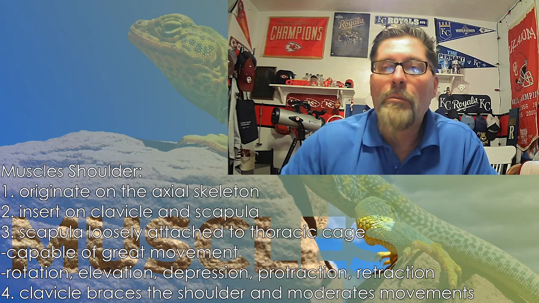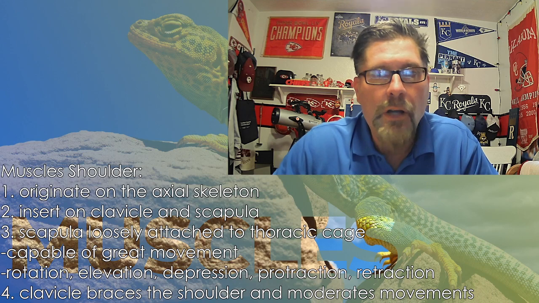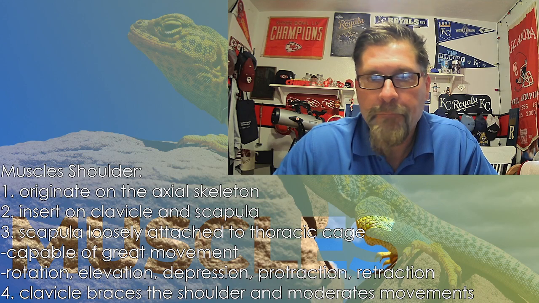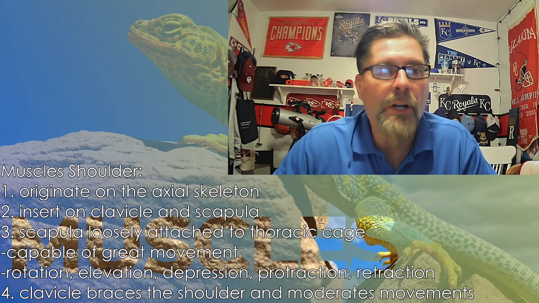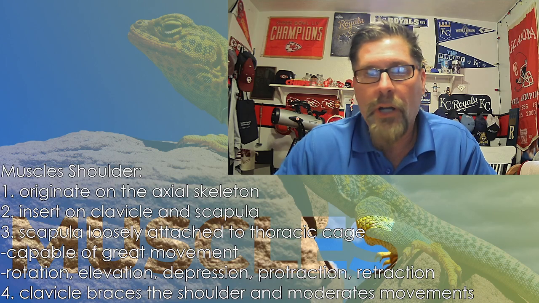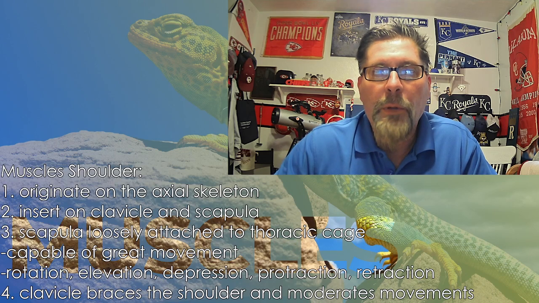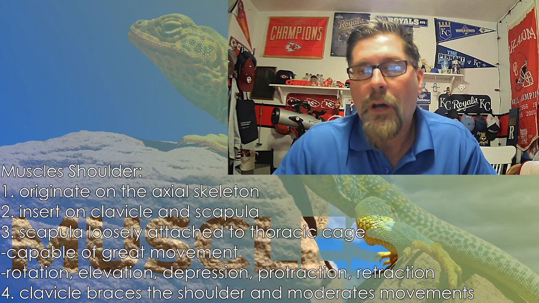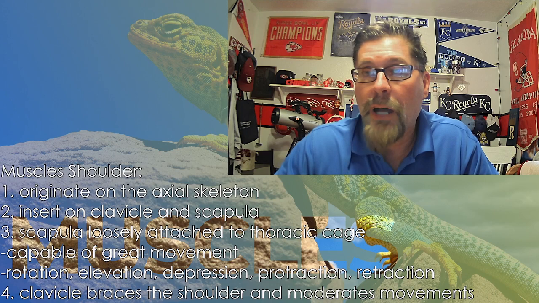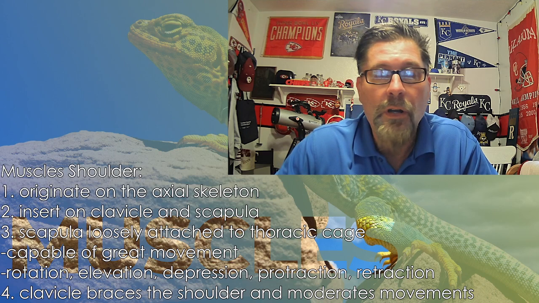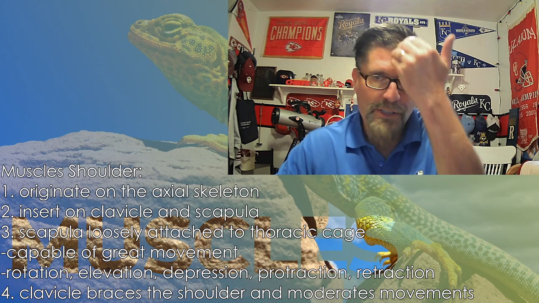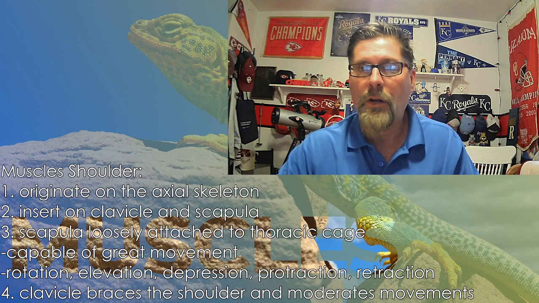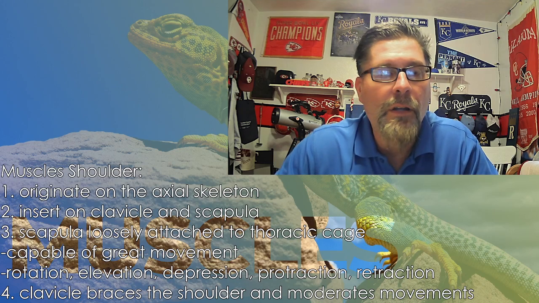All right, so now more about just talking about muscles. We start with the shoulder. We've talked about origin, but the muscles of the shoulder obviously originate in the axial skeleton. But remember the axial skeleton from the bone talk. That's that center line from the top of your head through the vertebrae.